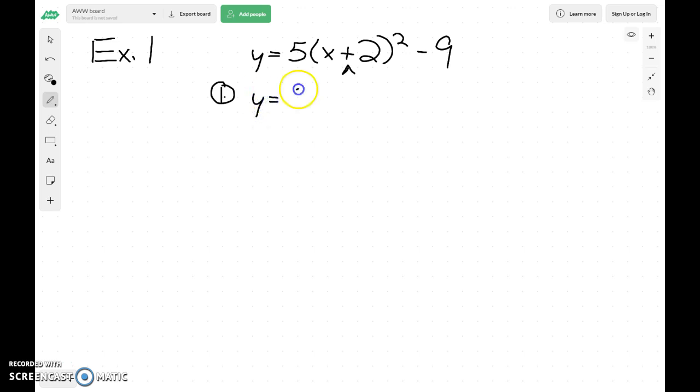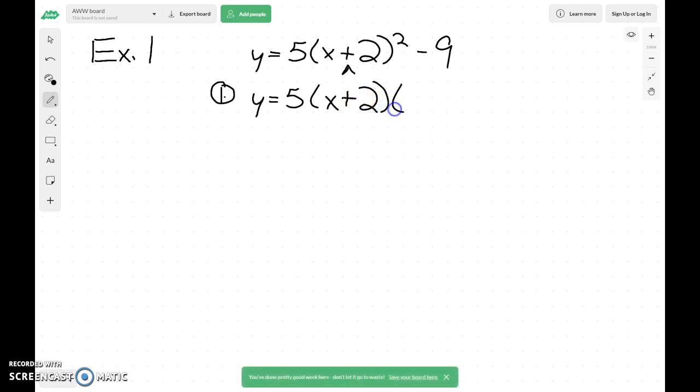So that's going to be y equals 5(x + 2)(x + 2) − 9. In our first step, we rewrite (x + 2)² and make it x + 2 times x + 2. The second step is to multiply x + 2 times x + 2, or simplify it.